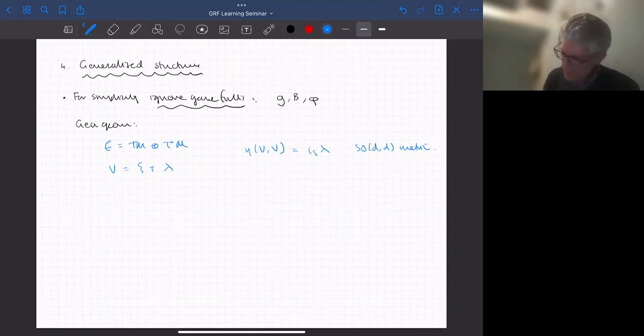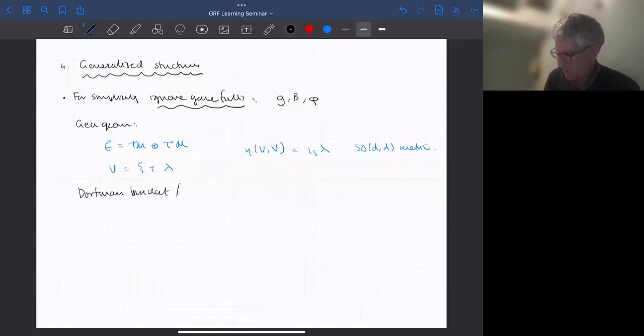And then we have a Dorfman derivative or Dorfman bracket, or some generalized Lie derivative. I tend to call it the generalized Lie derivative, which has the usual form. So I'll sometimes write it as capital L_V. It's the generalized Lie derivative.